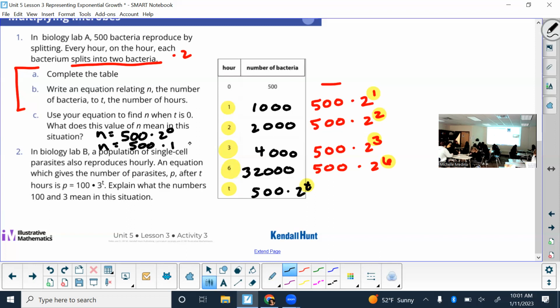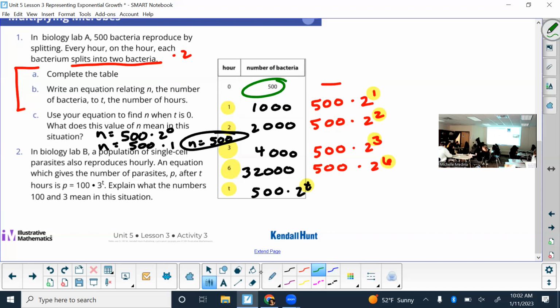And then 500 times 1 is 500. Additionally, t represents what? The exponent, which represents the hours. That's already in the table. At 0 hours, we have 500. So at 0 hours, or 0 of your exponent, that also represents your starting amount. That makes sense?